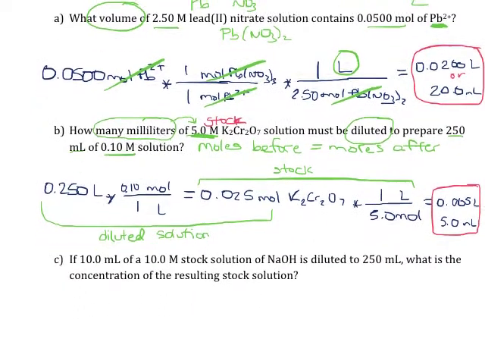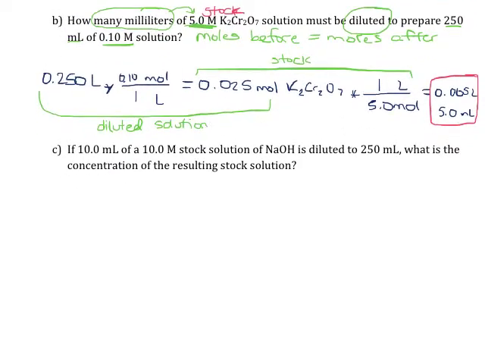Okay, taking a look at the last problem here, again we're doing a dilution. In this case, they're asking us to solve for the concentration of the stock solution, and they're telling us that we get 250 milliliters of that stock solution, and now stock solution might not necessarily be the best term for that because since it's a resulting stock solution, it is actually going to be diluted.